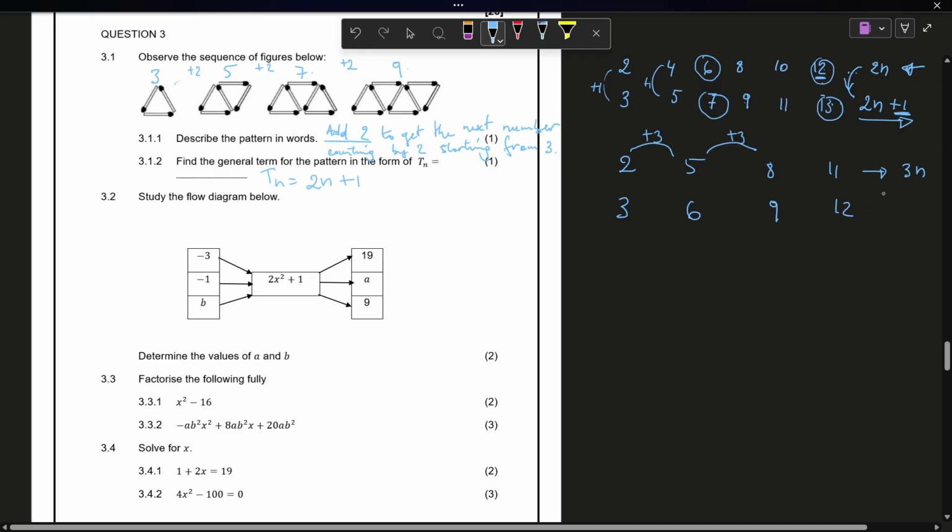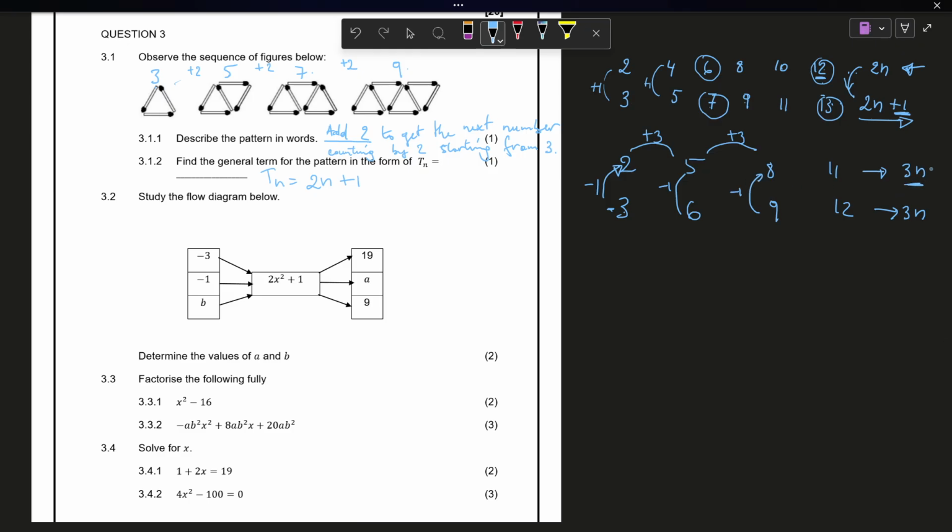Now you're going to compare. So this is the original 3n. But what is happening from the original 3n to the corresponding 3n? Can you see you always subtract 1. To get this, you have to subtract 1. So it means the general term of this sequence will be 3n minus 1.